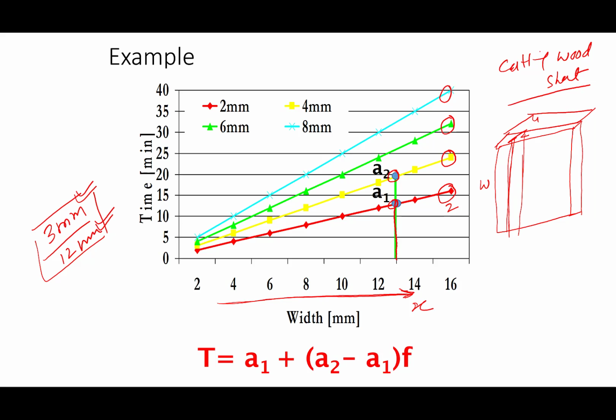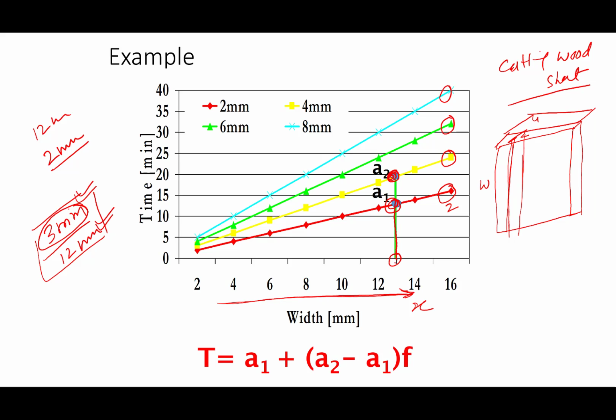We have the time for cutting the 12 mm width in 2 mm thick sheet, and we also have the time for cutting the 12 mm width sheet of 4 mm thickness. The time for cutting the 3 mm sheet is to be determined.